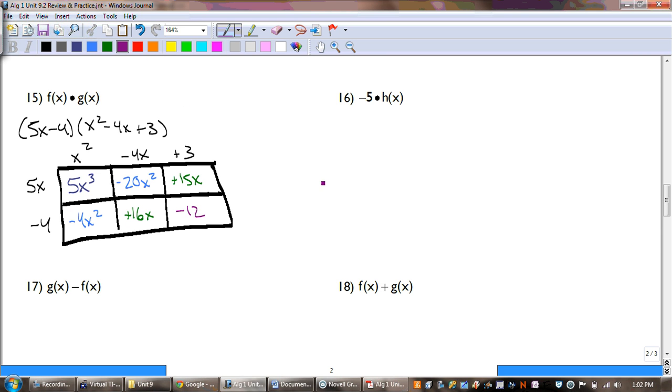And last one is negative 12. Okay? And then we're going to combine our like terms. And we get a grand total of 5x cubed minus 24x squared plus 31x minus 12.